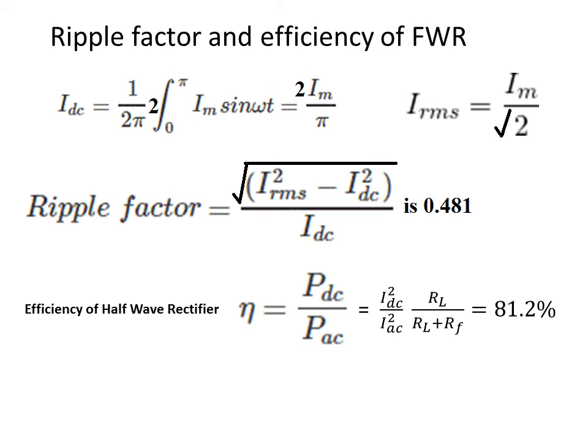And the efficiency, when you evaluate the output DC power divided by input AC power, and assume that Rf is very small compared to RL, you'll get it to be twice that in the previous case, and it is 81.2%.